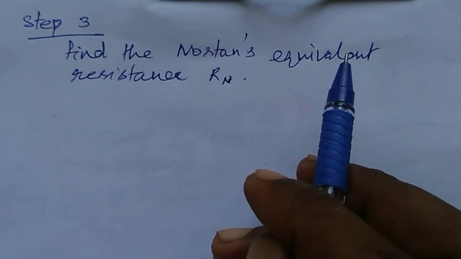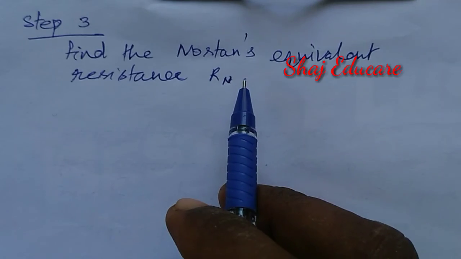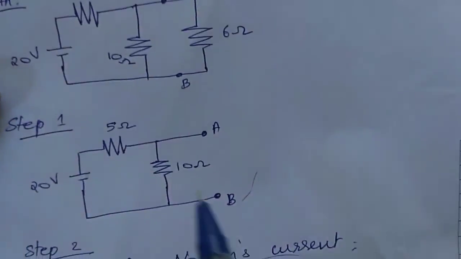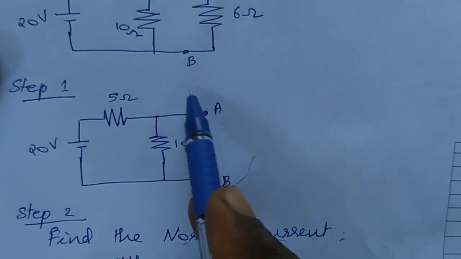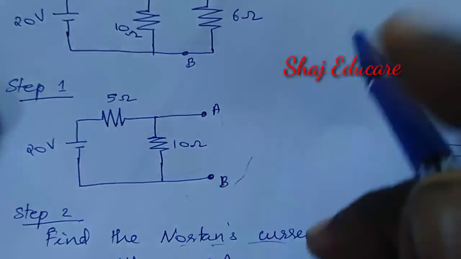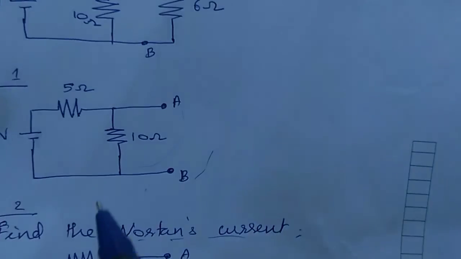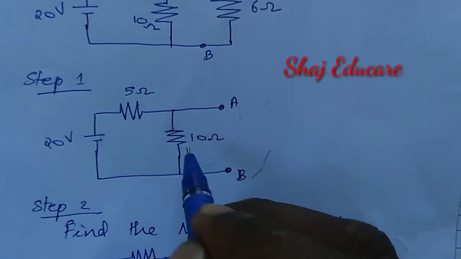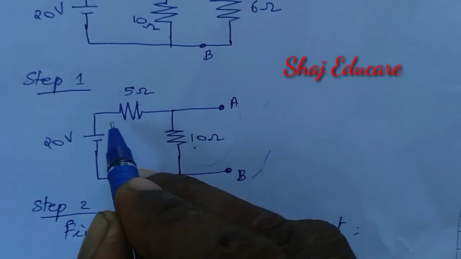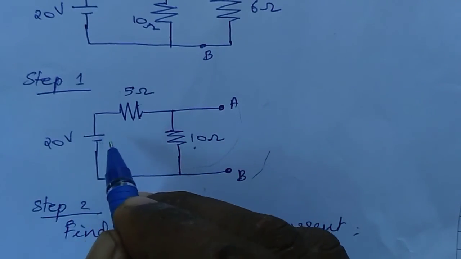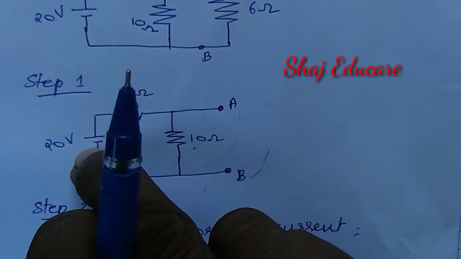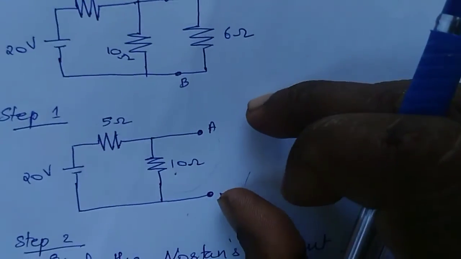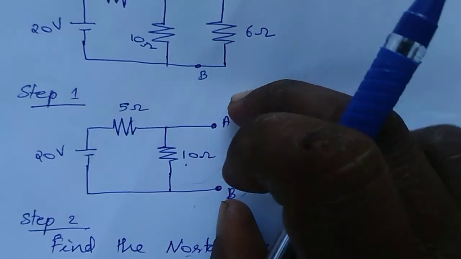Here we have to find the Norton's equivalent resistance RN, means we have to find the equivalent resistance across A and B, RAB. How many resistances are here? Here we have two resistances, 5 ohm and 10 ohm, and one voltage source is there. With the presence of the 20 volt voltage source, how can we find the equivalent resistance across A and B?